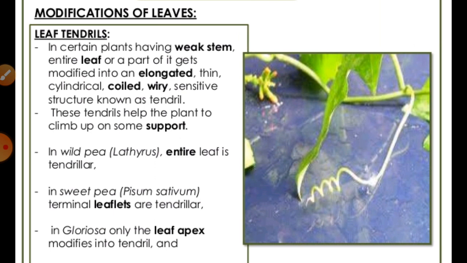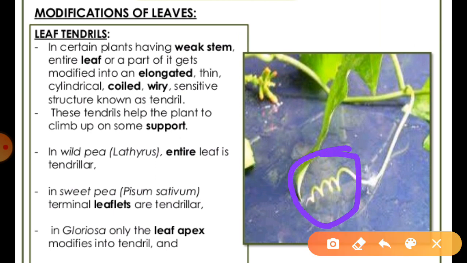Generally these types of leaves are converted into coiling structures around supportive nearby plants, so they easily help the plant climb. Tendrils are very sensitive to their support, and they can coil around any supportive substance there.